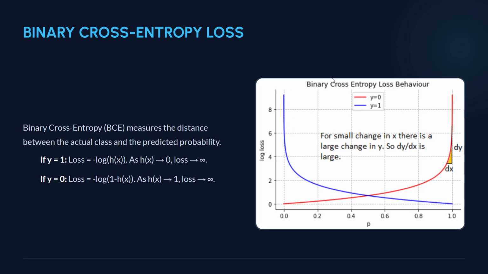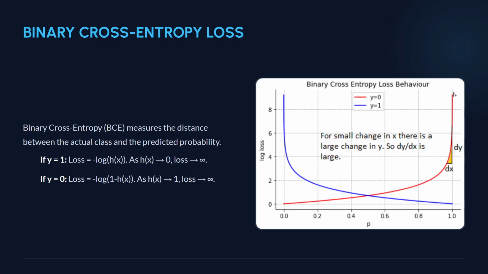Now what is this graph telling you? This is y equals 1 and this is y equals 0. When the probability is 0, your model is predicting the probability as 0. Here the loss for y equals 1 will be maximum, and for y equals 0 it will be near to 0.